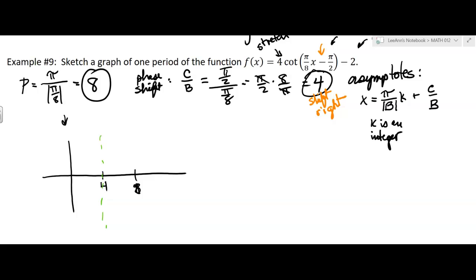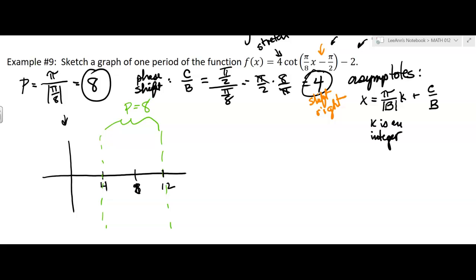So I'm going to go out here to 12. Hopefully that looks somewhat to scale. And then that would be my next asymptote. So my period here is 8. So that accounts for the phase shift and the period. Now what we have to do is put in some more counting marks on the grid, and then we can graph it.